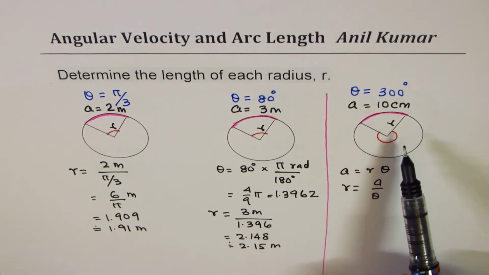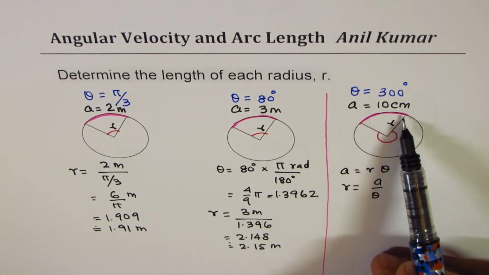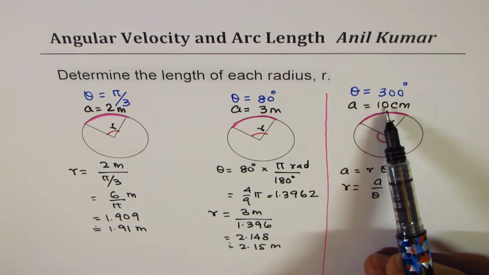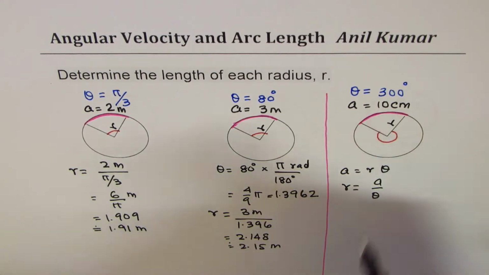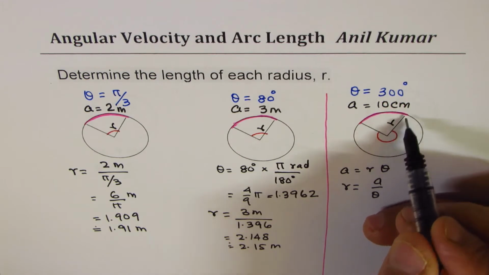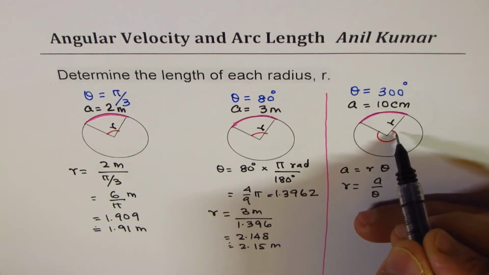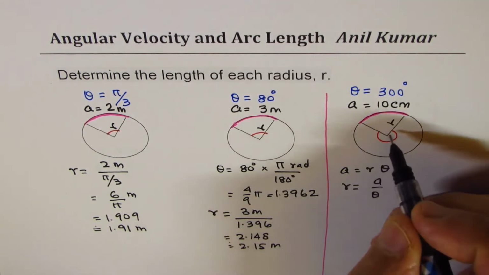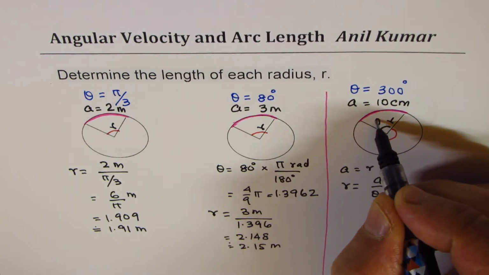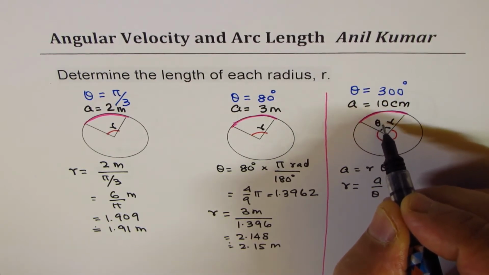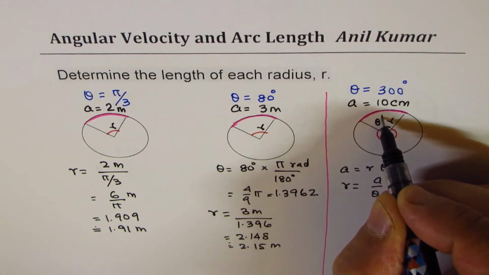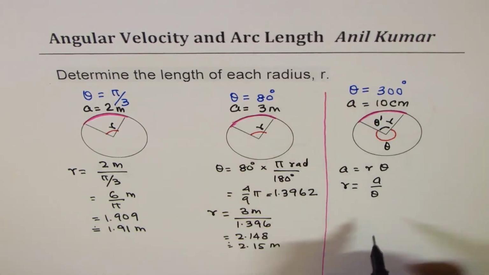Now in the last example, you have to find the radius. We are given an arc length of 10 centimeters, and the outside angle is given to you, 300, right? So this angle, I should write now theta dash, because theta is given to you as 300, correct?